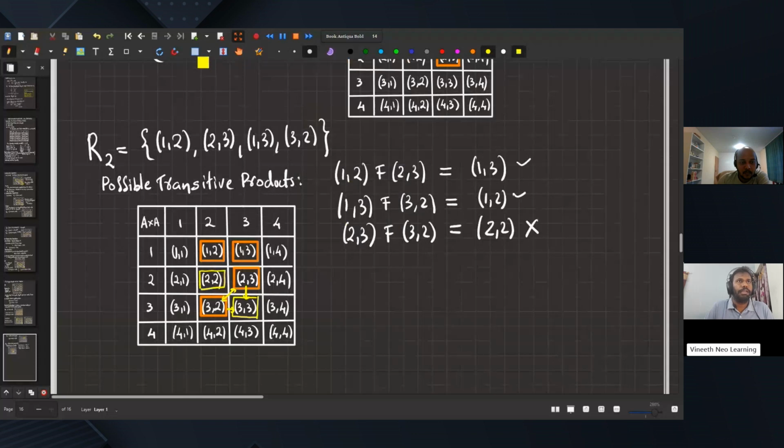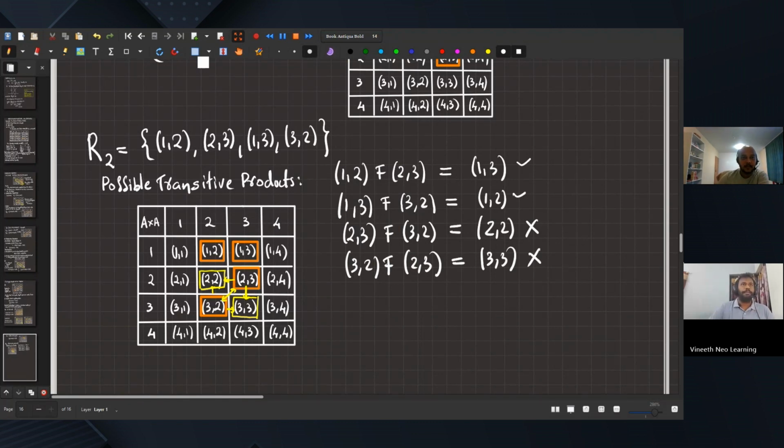If you look at it like a square, both of them are not present here. We can also commute these two: (3,2) and (2,3) can be multiplied to form (3,3), which is not present. (2,2) is also not present.